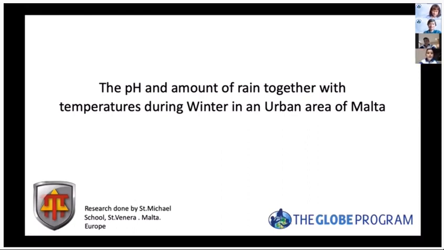So we have based our study on these terms, which are the pH and the amount of rain, together with temperatures during winter in an urban area of Malta. It can also be said that where the school is, it is almost an industrial area in Malta, because there are many buildings and factories nearby.